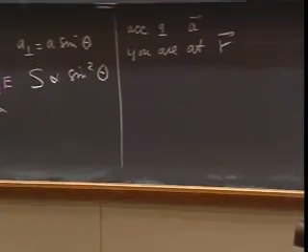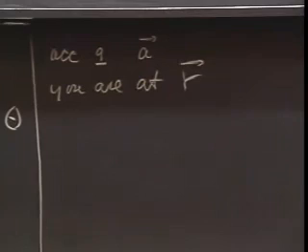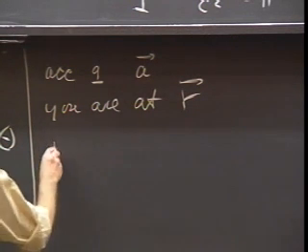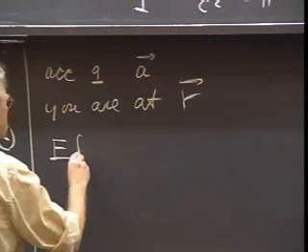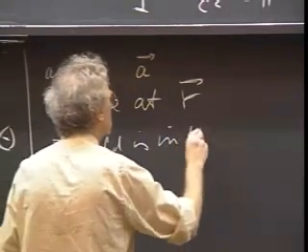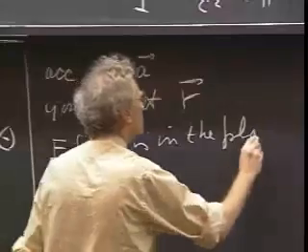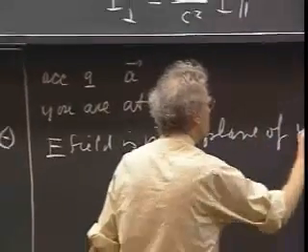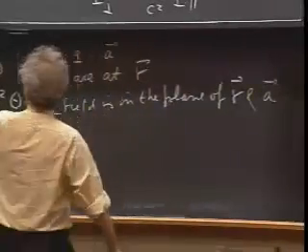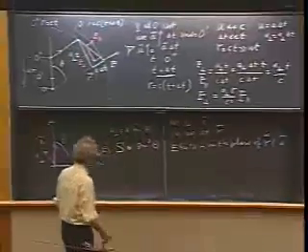Then you observe an electromagnetic wave, but you observe it with a time delay, which I'll not further expand on. But now comes a key thing: the E field is in the plane of R and A. And you can confirm that with this picture there.